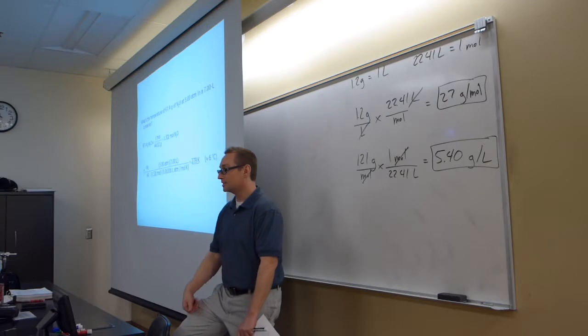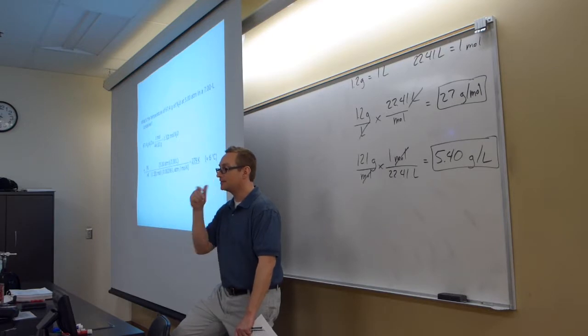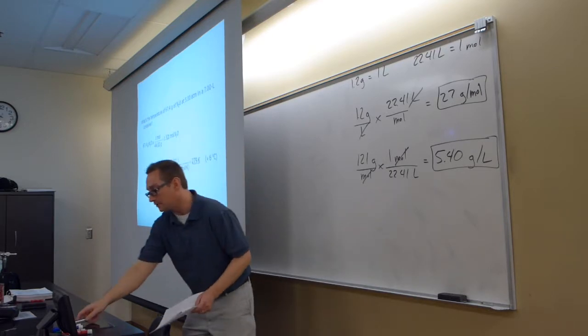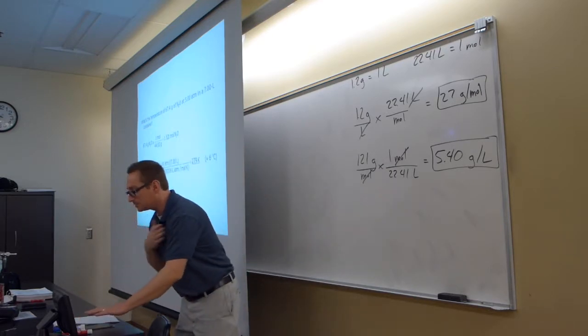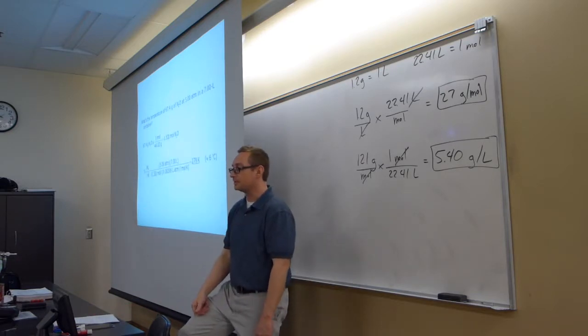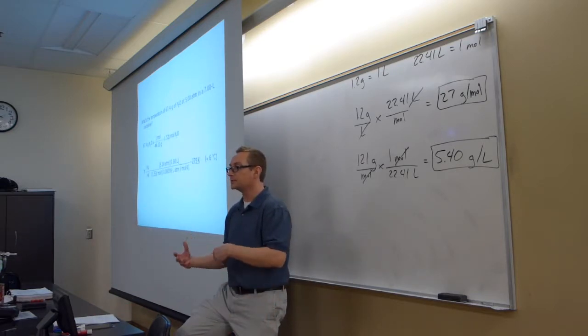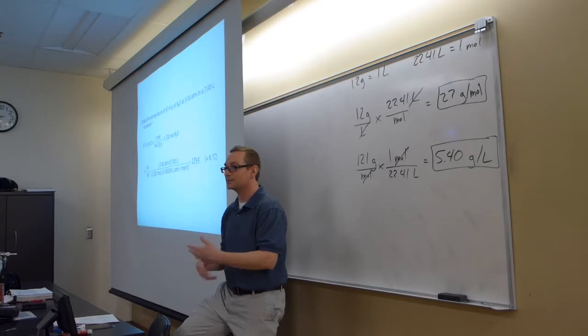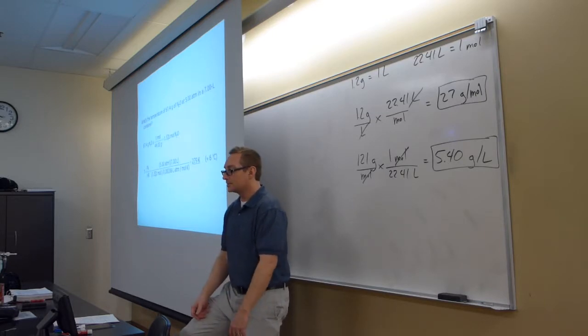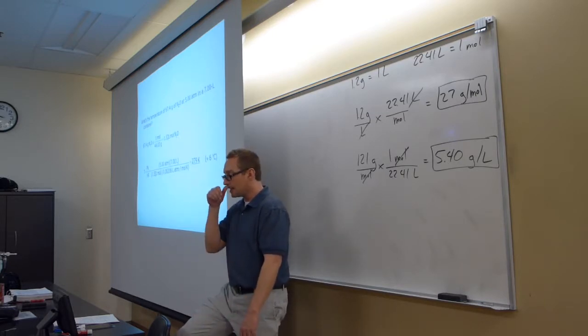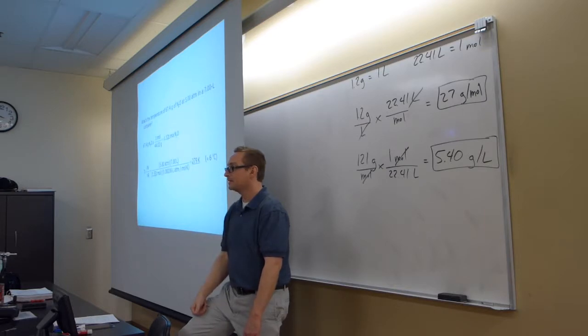Okay, questions about using the ideal gas law. So when do you use the ideal gas law? I think that's always a question when it comes to chemistry problems. It's like, when do you use what equation? So is a physical change happening here? Is a chemical change happening here?